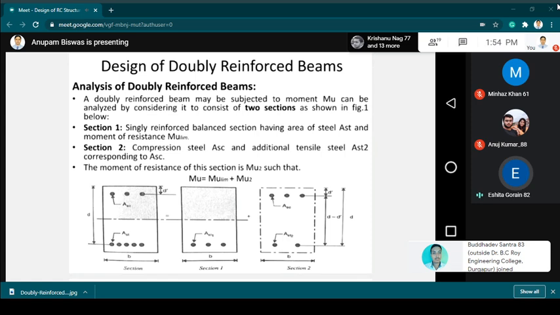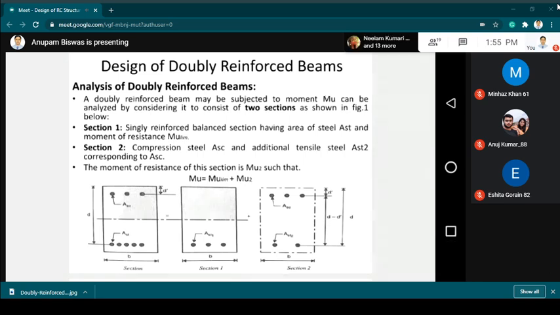Sir, effective cover. What is d dash in the compression zone? If this is for the tension zone, what you can see from the figure is the distance of the centroid of the reinforcement from the outer nominal cover.